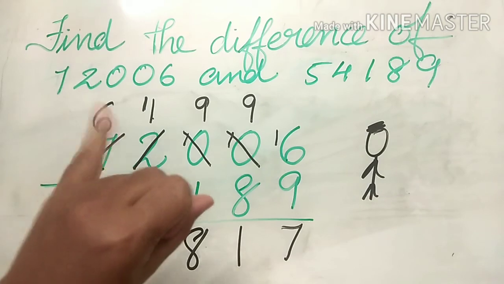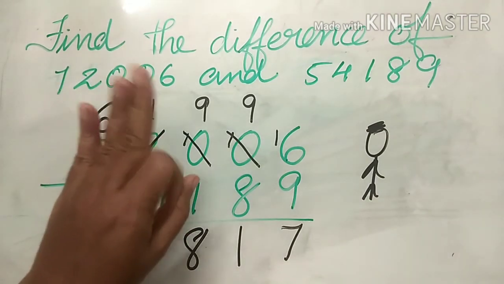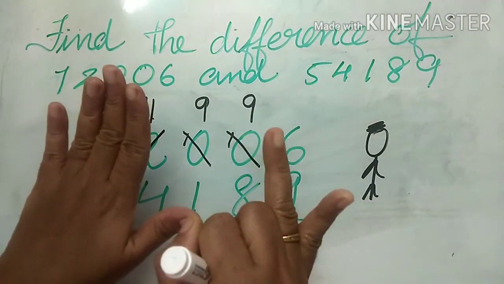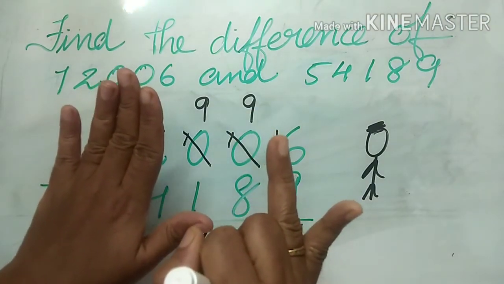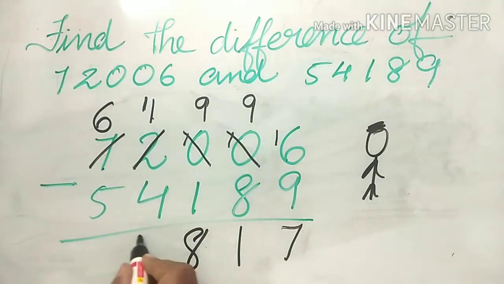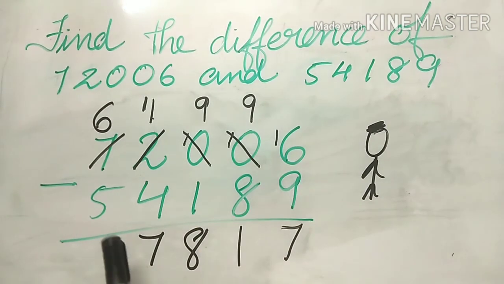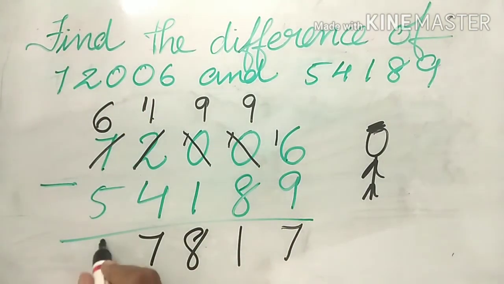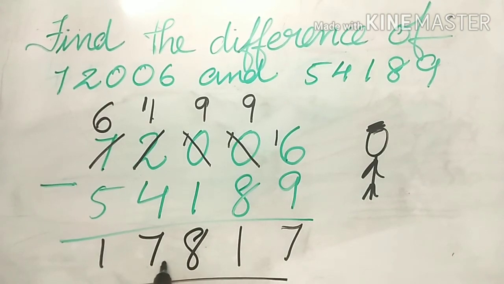After 4, 5, 6, 7, 8, 9, 10, 11. How many fingers? 7. 6 minus 5. 6 in your mind. After 5, 6. How many fingers? 1. So the answer is 17,817.